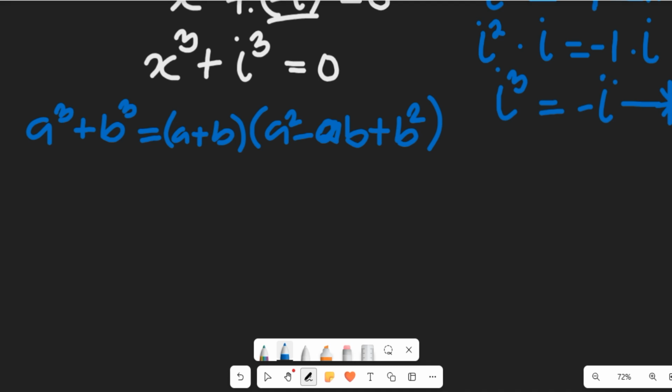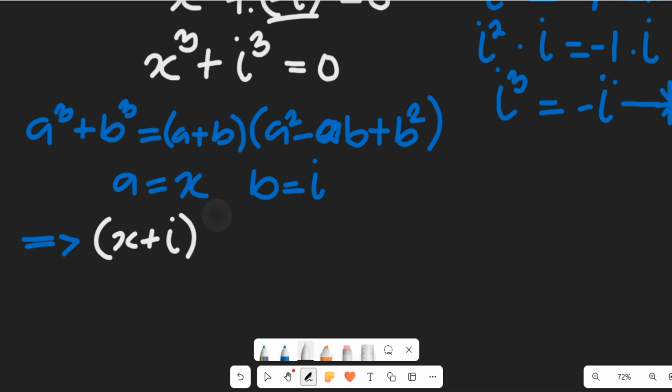So if we compare this with x to the power of 3 plus i to the power of 3, you go see say a na the same thing with x, and b na the same thing with i. So if we simplify am, that x to the power of 3 plus i to the power of 3 go just give me this expression: x plus i, that's the first part.